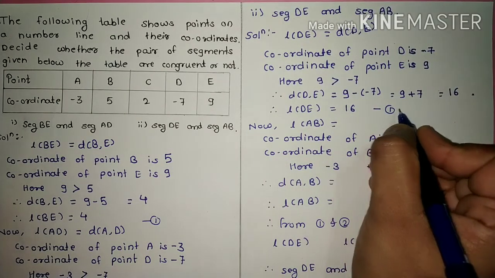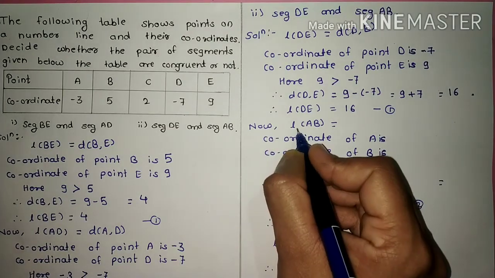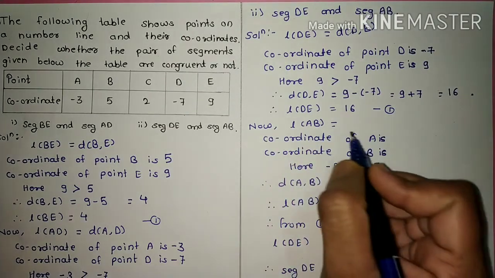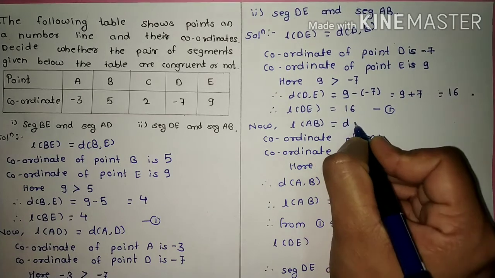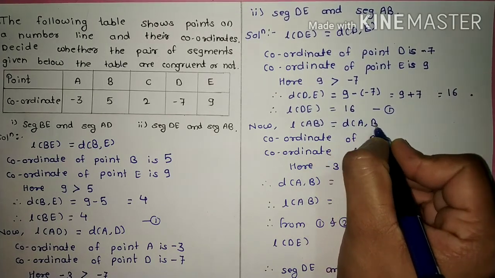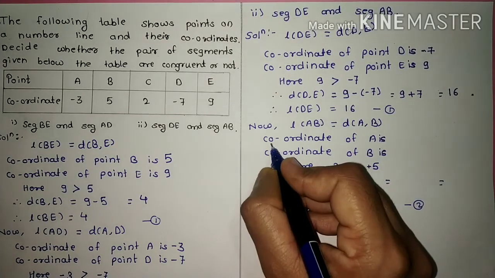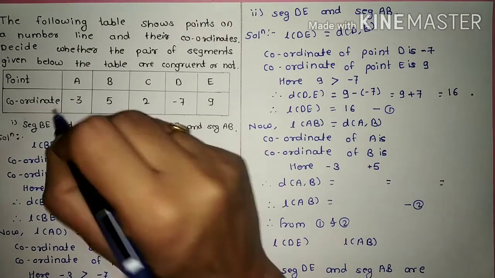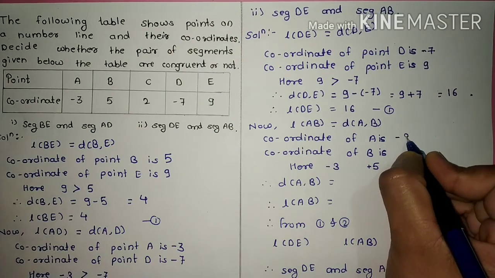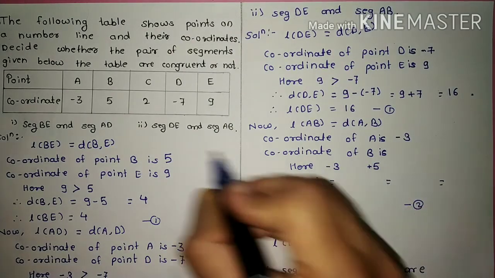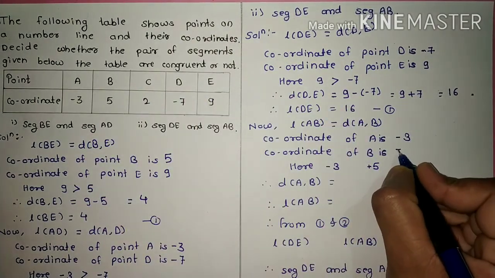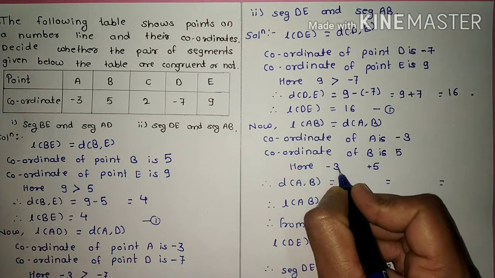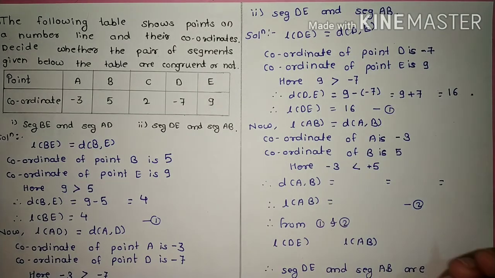This is number 1. Now we have to find length of AB. Length of AB means distance between point A and B. Now coordinate of point A is given as -3. Coordinate of point B is 5. Here -3 less than 5.